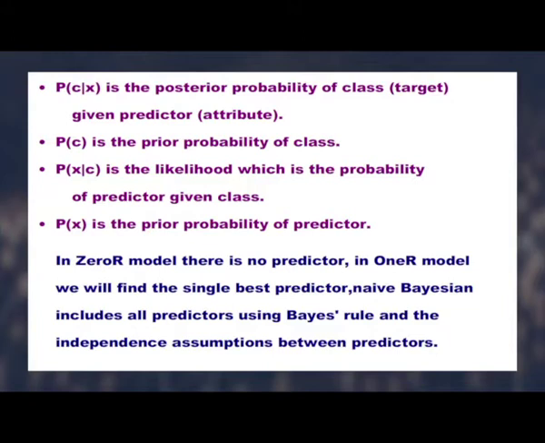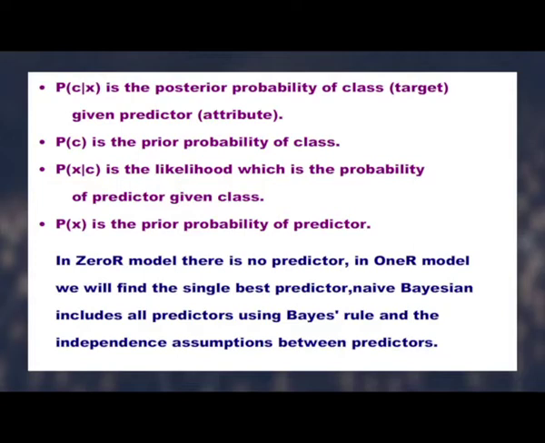Probability of C is the prior probability of class. Probability of X given C is the likelihood which is the probability of predictor given class. Probability of X is the prior probability of predictor.